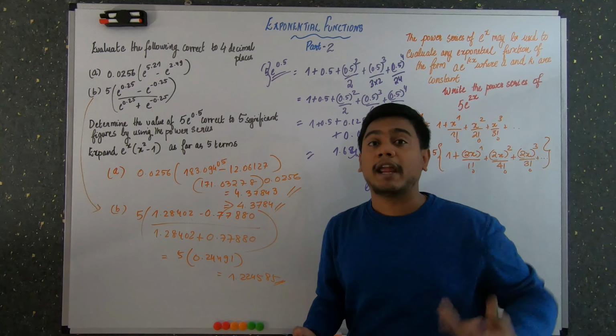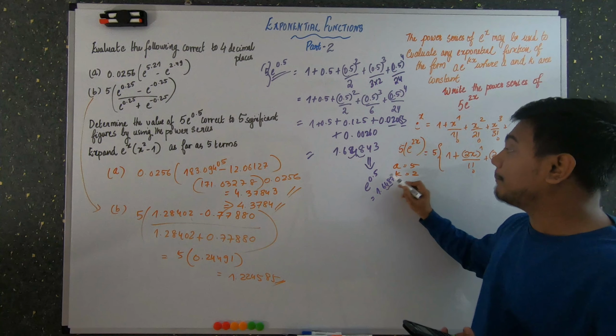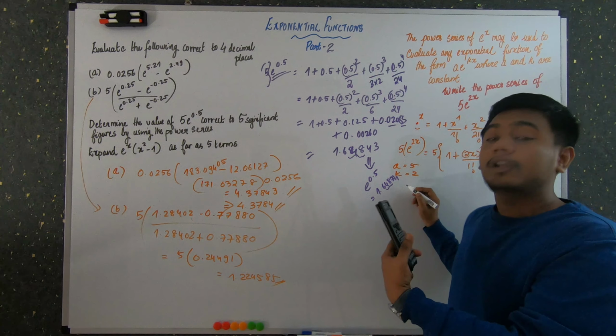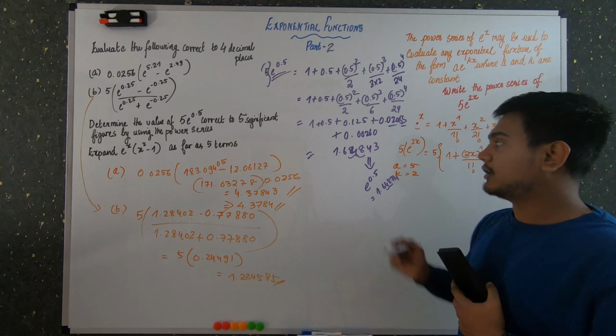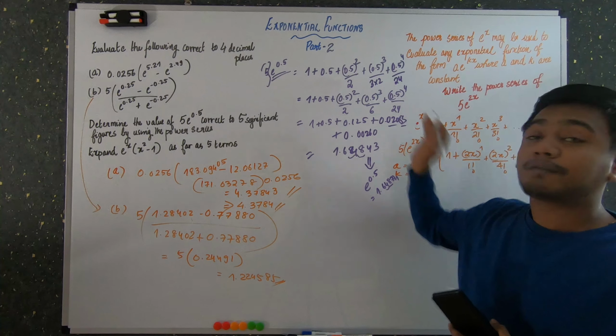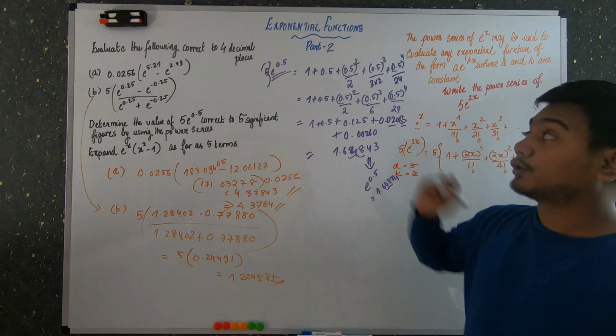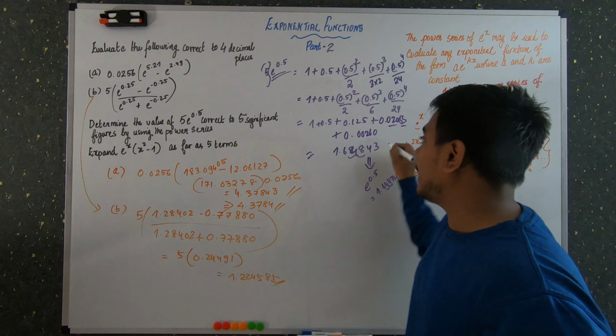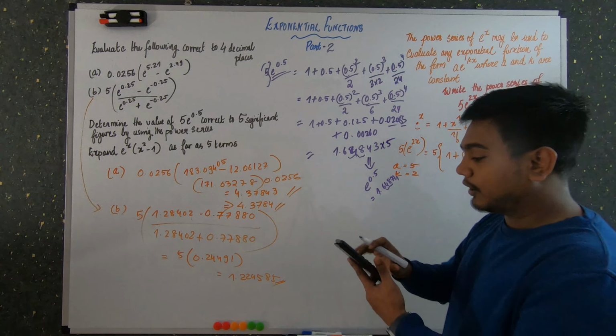If I had taken up to 8 terms, this value would have been much closer to the value in the calculator. So up to 3 decimal places our answer is correct. To find the final value, you have to multiply this term with 5. So let's multiply it again.